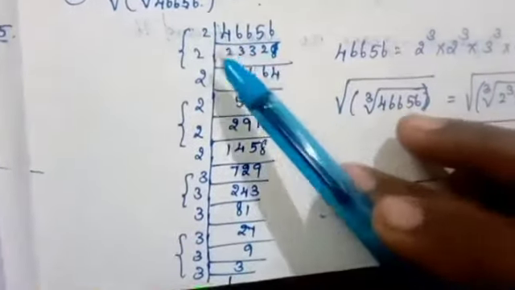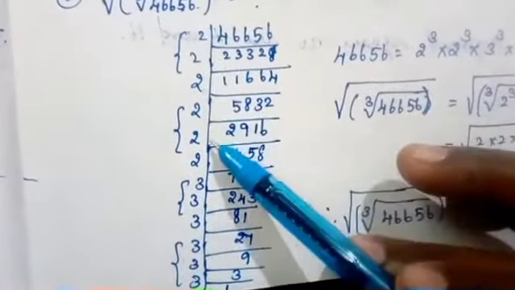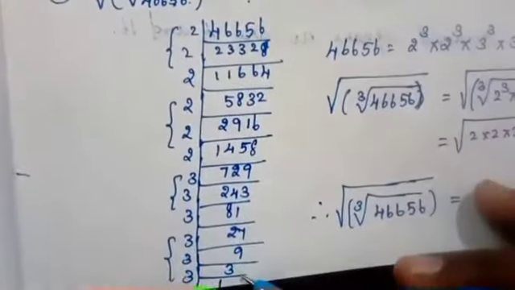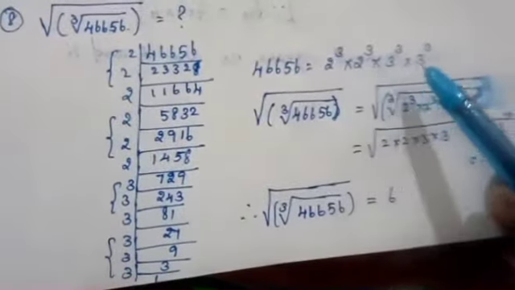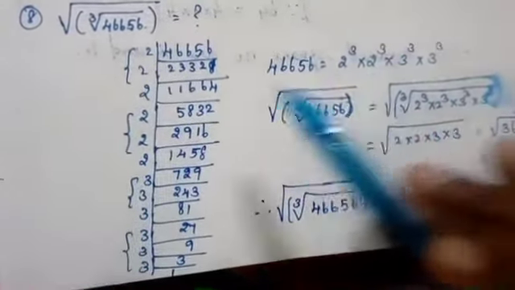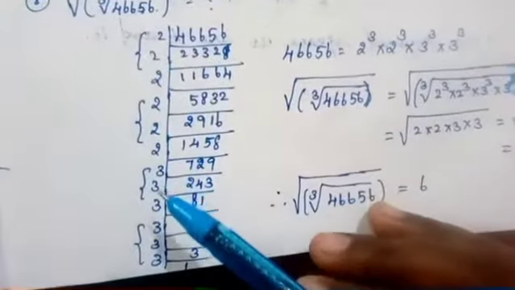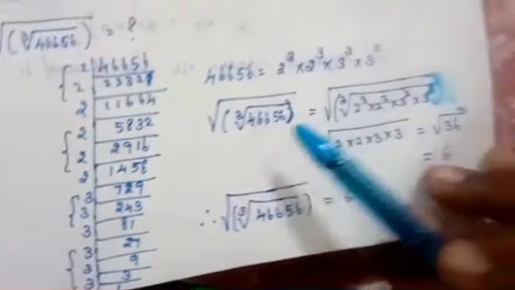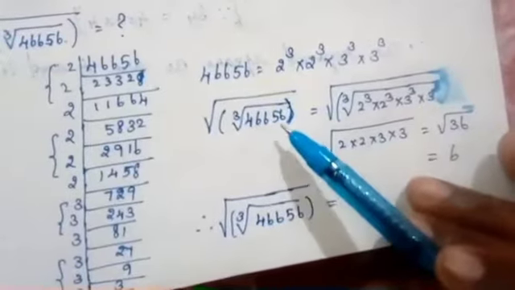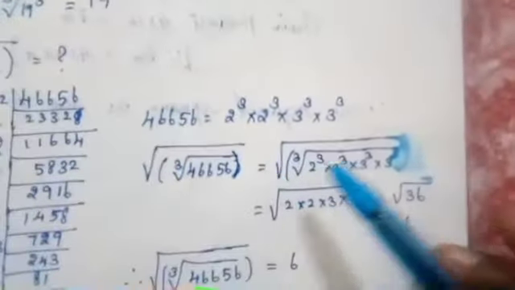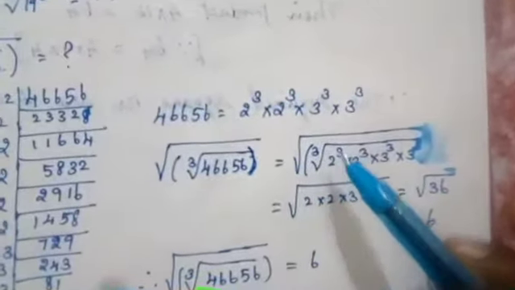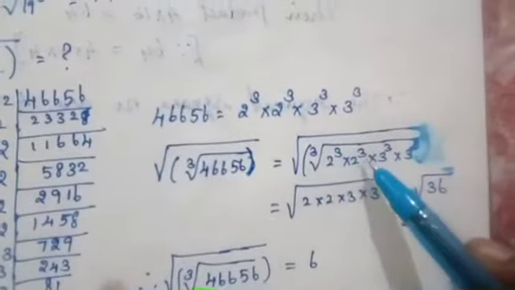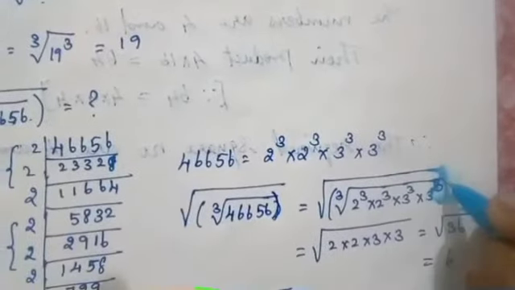First divide by 2, then again by 2, the normal way. Now the factors of this are 2 cube into 2 cube into 3 cube into 3 cube. So the square root of the cube root of 46,656 is the cube root of 2 cube into 2 cube into 3 cube into 3 cube.